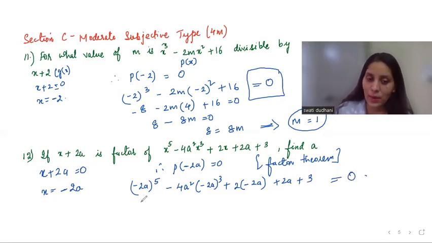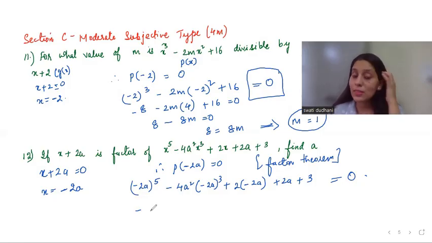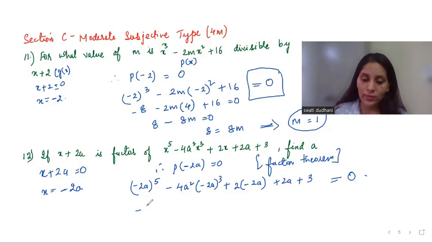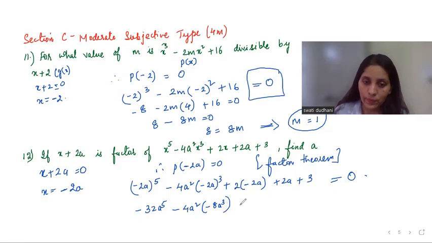So here, since the power is odd, you will have a negative sign. 2 power 5 is 32, so minus 32a power 5, minus 4a square into minus 2 cube, which is 8a cube, plus 2 into minus 4a plus 2a plus 3 equal to 0.